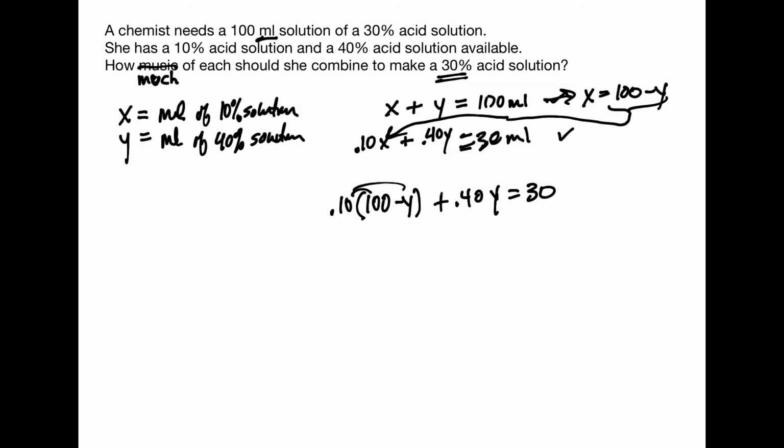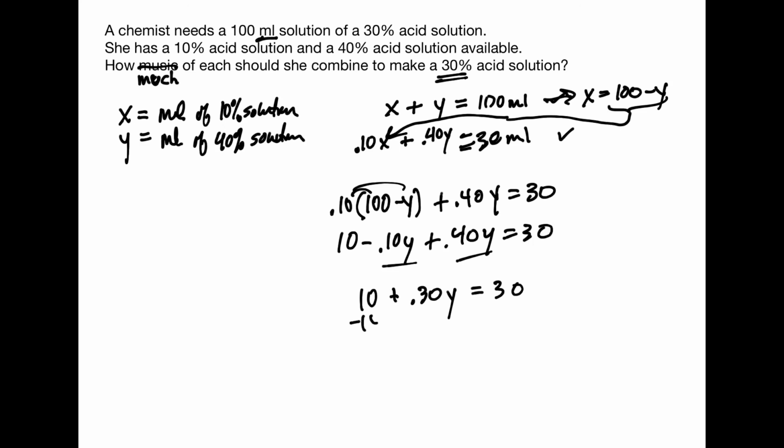All right, distributing, that gives me 10 minus 0.10Y plus 0.40Y equaling 30. I can combine the two Y terms. That's a negative 0.10 plus 0.40, so that gives me 10 plus 0.30Y equals 30.